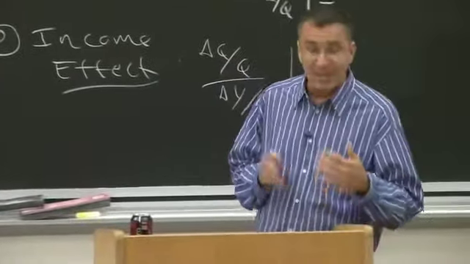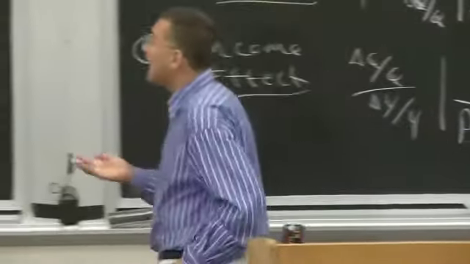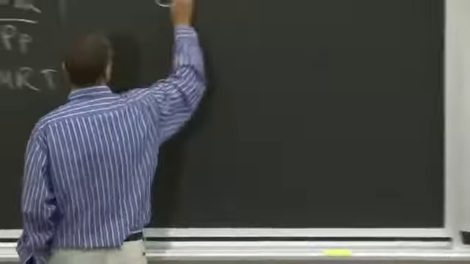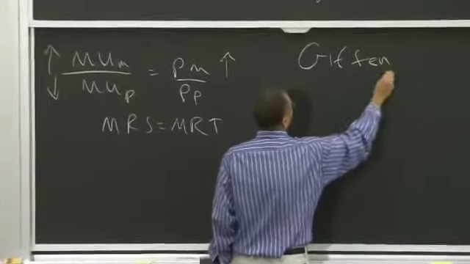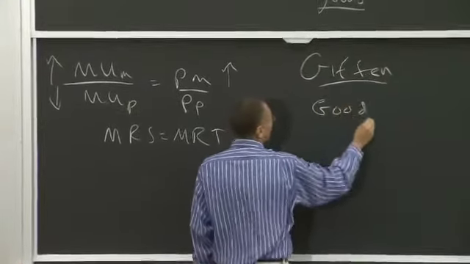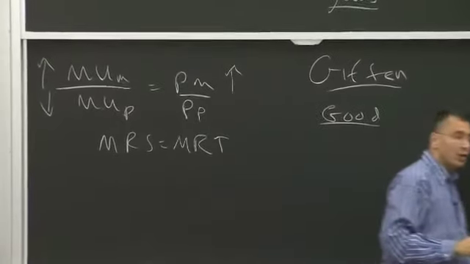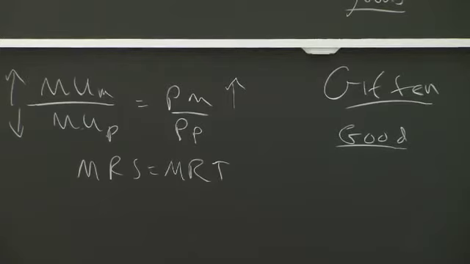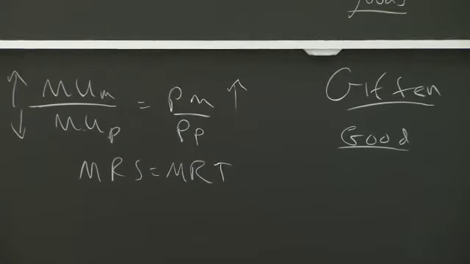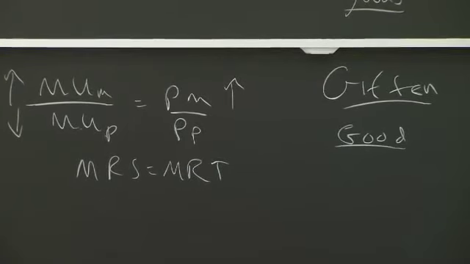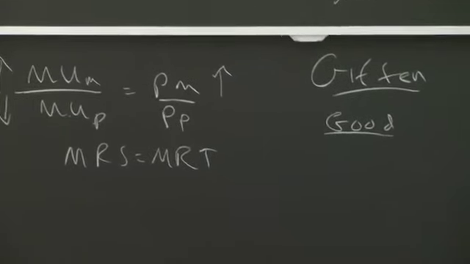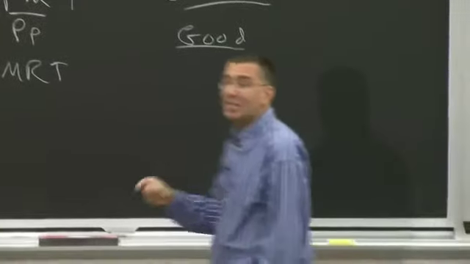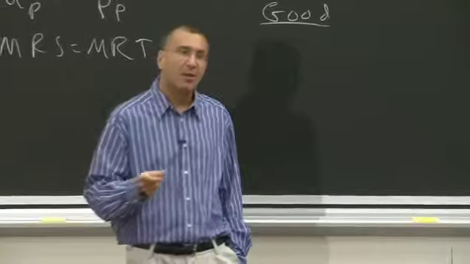With inferior goods, we can actually get what we call a Giffen good. A Giffen good is a good where it's inferior, so the income effect goes the other way. And you can technically get a good where when the price goes up, you actually want more of it. Or the price goes down, you want less of it.